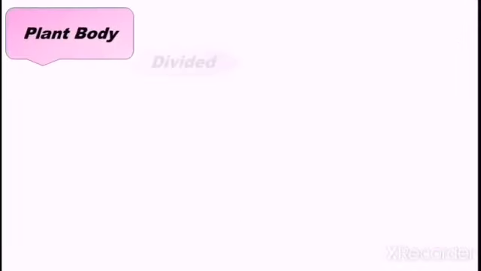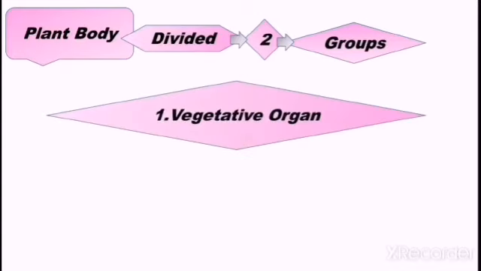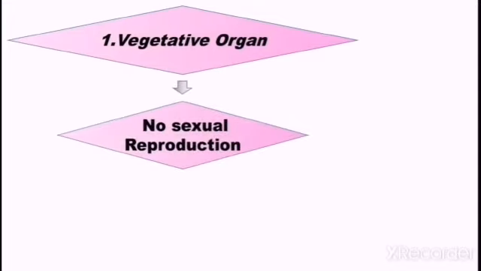Okay. The next is plant body. The plant body of mustard plant is divided into two groups. How can we divide the plant body of mustard plant? We can divide it on the basis of functioning. The first is vegetative organ and the second is reproductive organ. What is vegetative organ? Vegetative organs are the organs that do not take part in sexual reproduction.